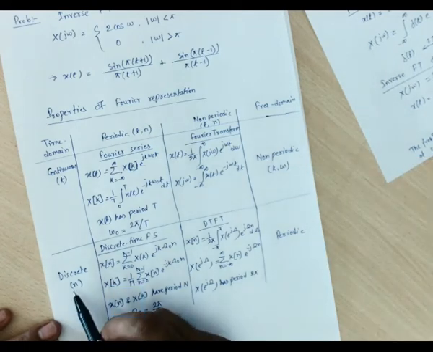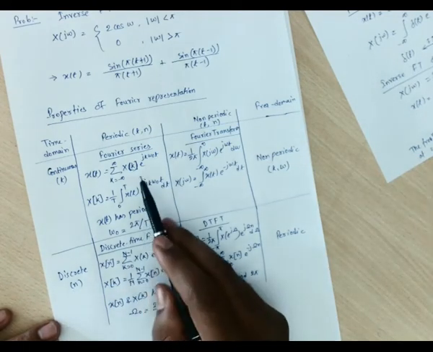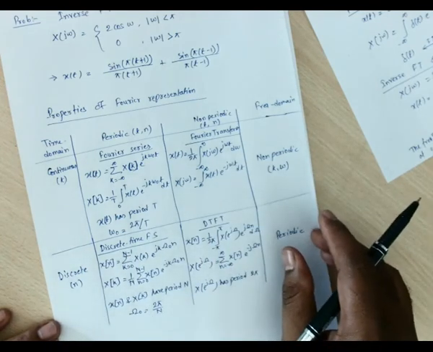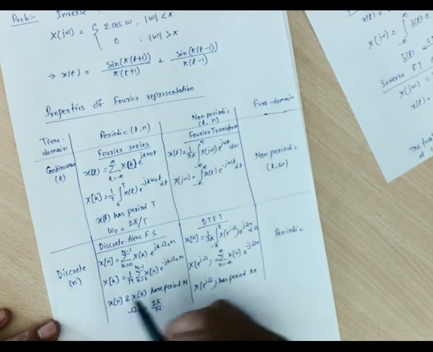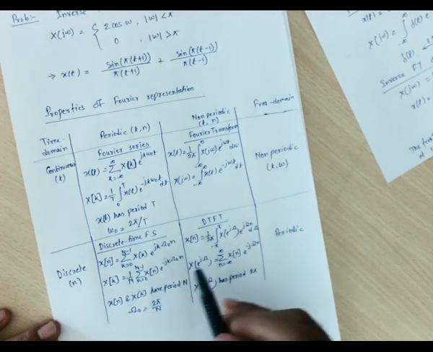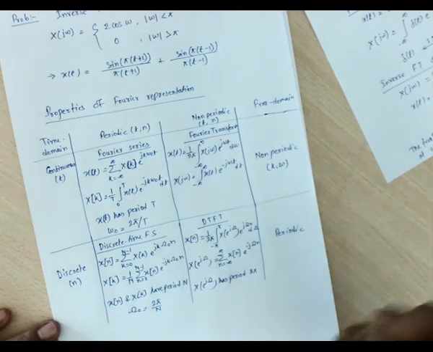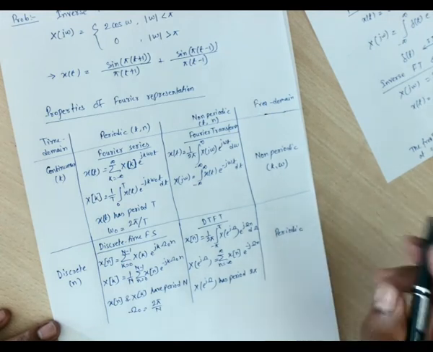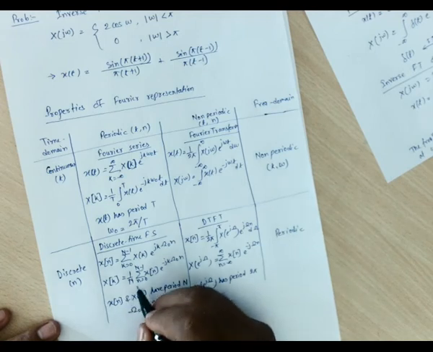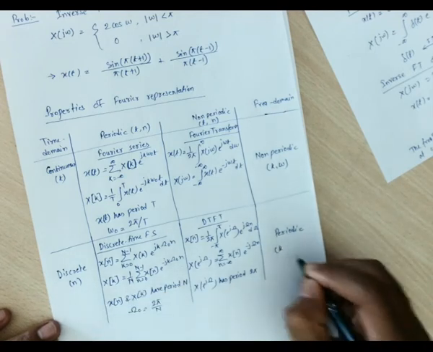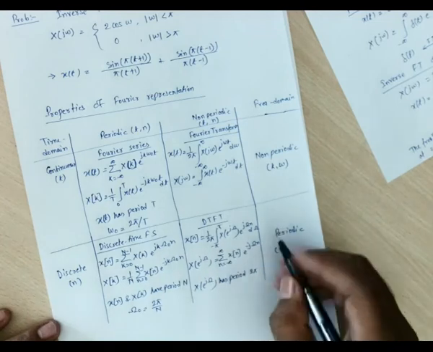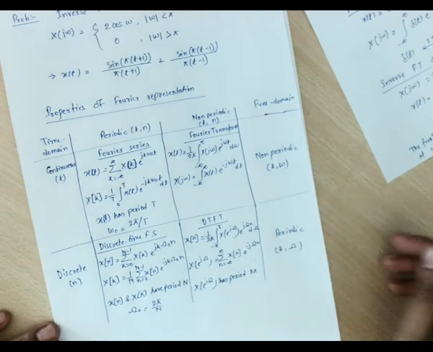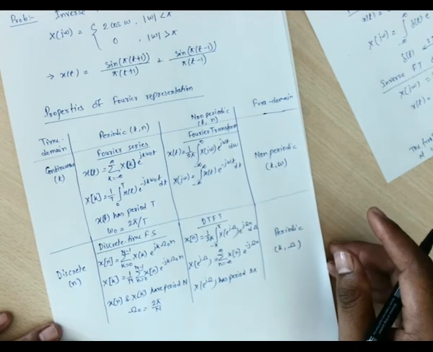Now if we go with a discrete time signal, if it is periodic we need to apply DTFS, if it is non-periodic we need to apply DTFT. So the frequency domain signal for a discrete time signal, either periodic or non-periodic, will always be periodic. So DTFS we represent with k, and DTFT we represent with omega. Clear? Right?